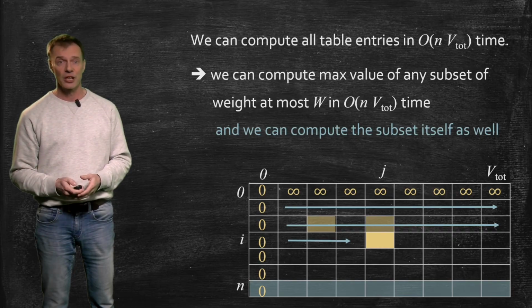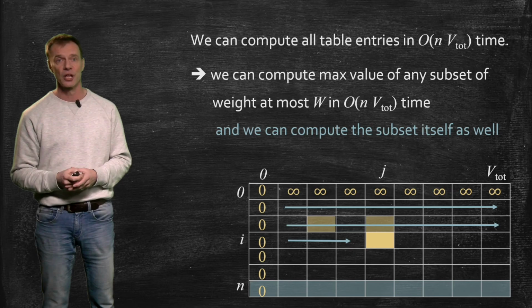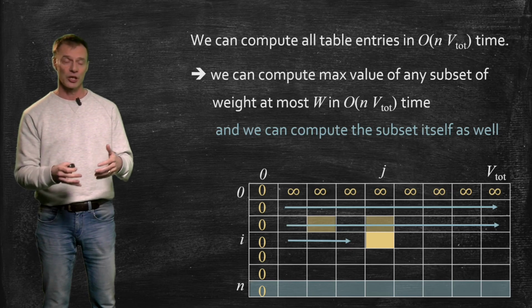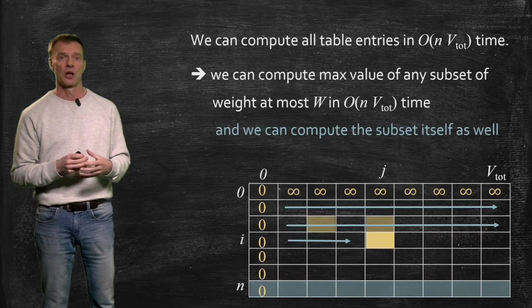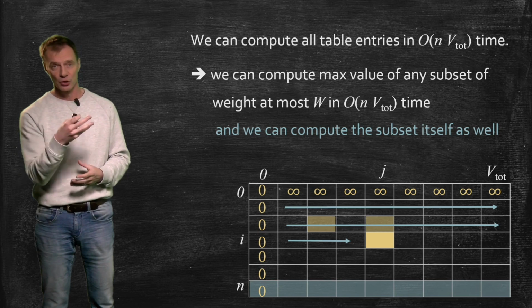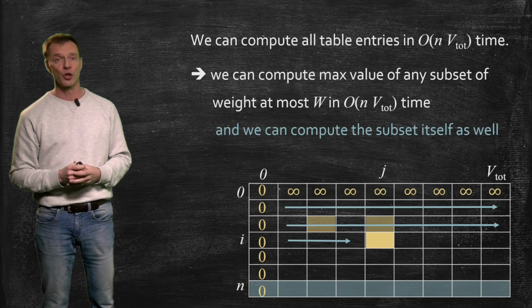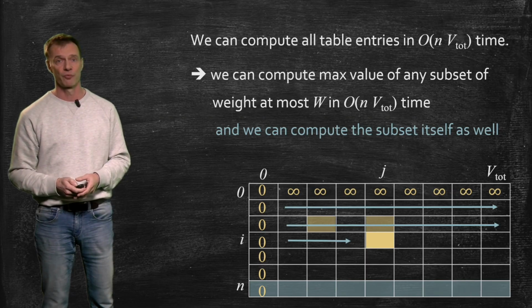Well, in a standard way, and I'm not going to explain that, you can read it in the course notes, you can actually transform the algorithm that we just saw, or I should rather say add a post-processing step that not only gives the value of the optimal solution, but also gives the optimal solution itself.